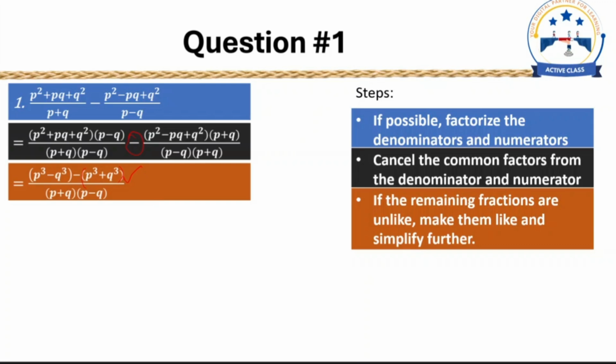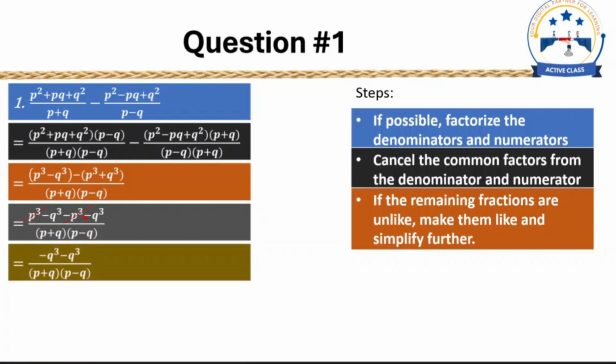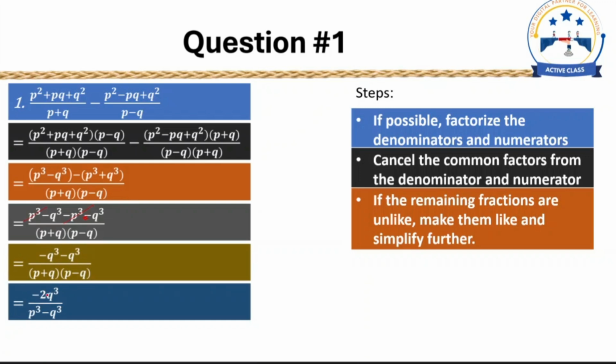Let's open the bracket in the numerator. P cube minus q cube remains same, but this minus and plus multiplies and it becomes minus over here. You can subtract this p cube and p cube and it gives you 0, and minus q cube gives us minus 2q cube, right?